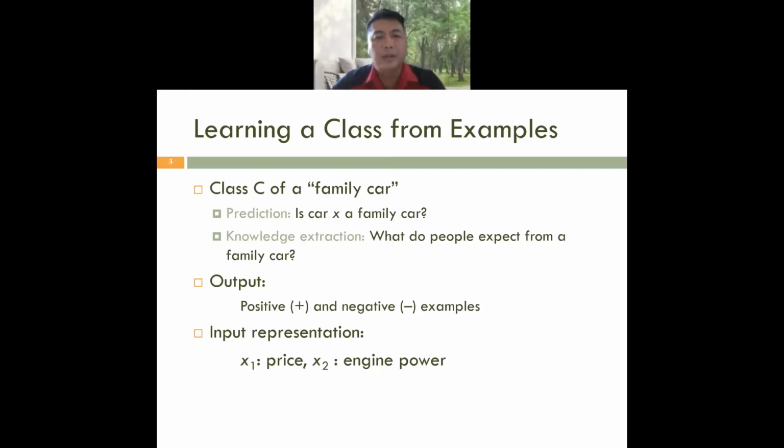The inputs that we could use, for example, are price, engine power, number of seaters, or many more. For this example, let's use price and engine power. We use these two attributes or features in order to learn the data.